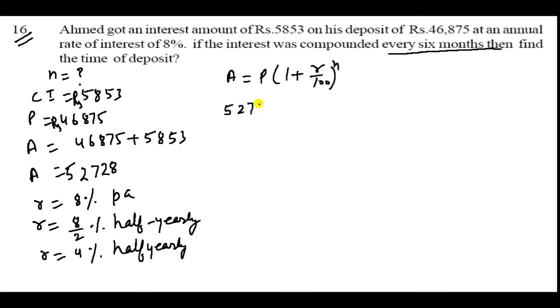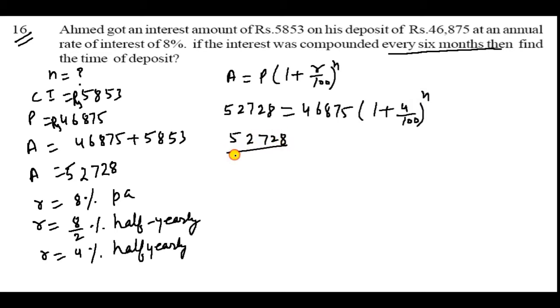So let us start the formula. Amount will be equal to principal into 1 plus R upon 100 to the power n. Amount is given as 52728, and principal is 46875, and here 1 plus R, that is 4 upon 100, and whole power is n.